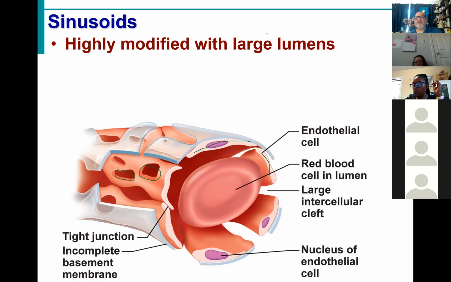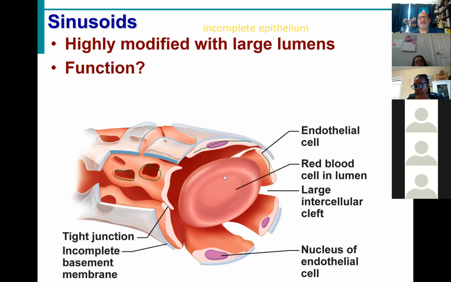It has an incomplete epithelium. And this incomplete epithelium, along with those huge fenestrations, allows for the movement of large materials, big proteins, big chemical signals, and in fact, even formed elements like red blood cells to get into and out of our capillaries.